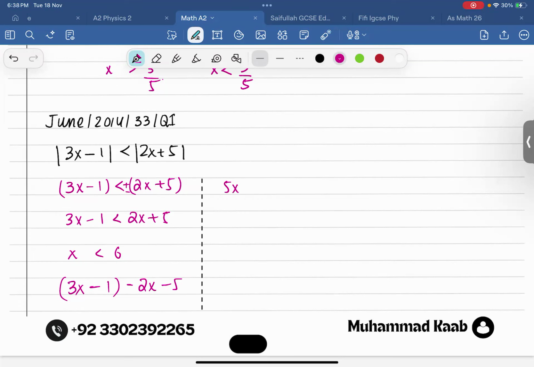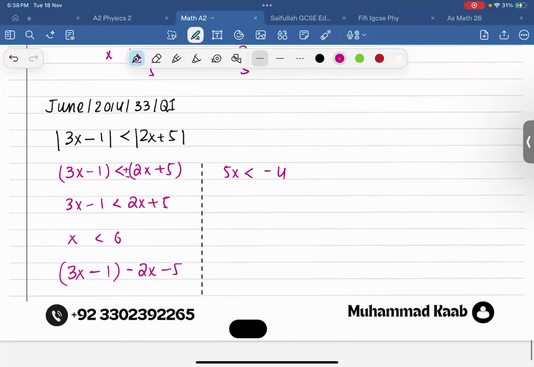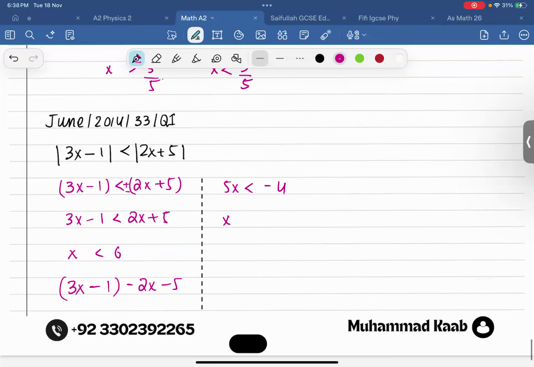Okay. And less than -6. Sorry, 4. Okay, this is what is coming in both. So -5/4, right?